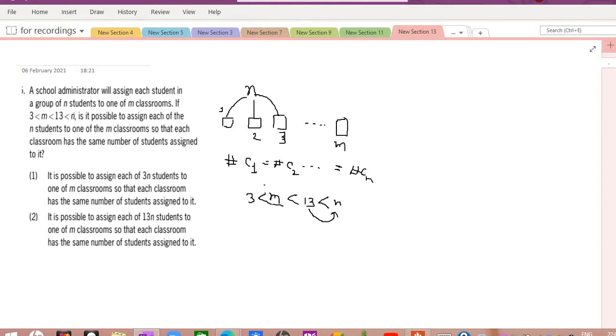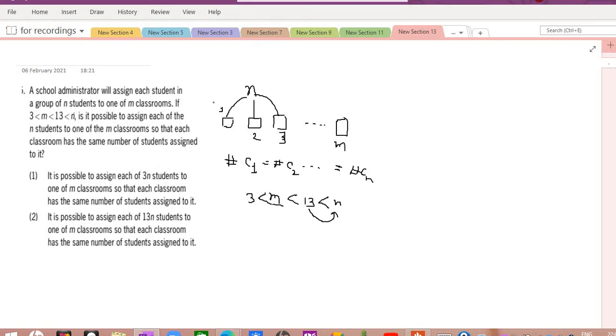Now your question is whether it is possible to assign each of the n students to one of the m classrooms such that each classroom has an equal number of students.